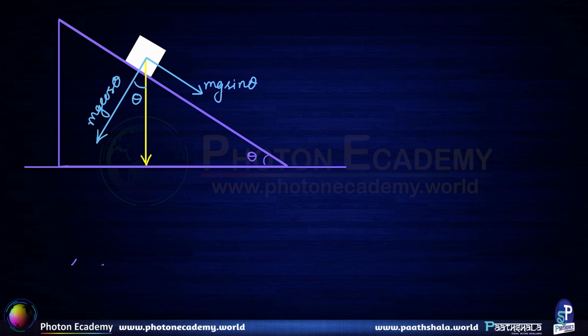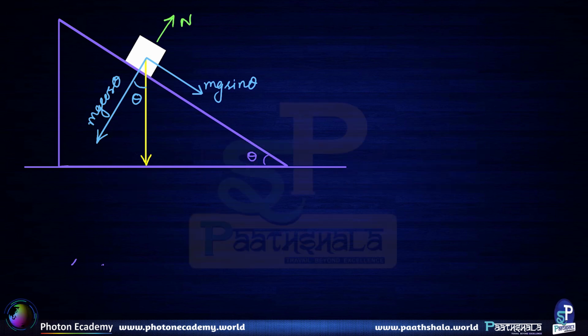So the force that is opposing mg cos theta is the normal reaction force that the wedge will supply, and there is no force opposing mg sin theta. There is no friction present and the wedge is a fixed wedge.